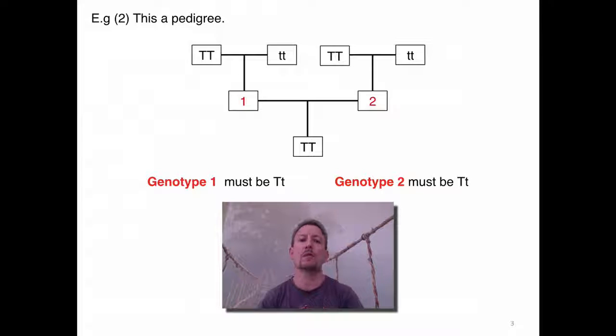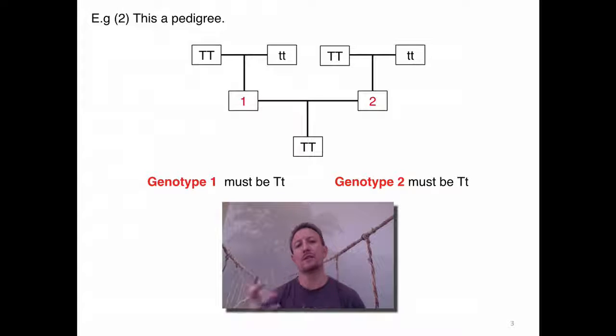So in this case, we take the top two parents and say, on the left-hand side, we've got a homozygous dominant, capital T, joined with a homozygous recessive, little t. In this case, all of the offspring are going to be capital T, little t, so a heterozygous. That's what your genotype for 1 would be, and the same is going to be true for 2.